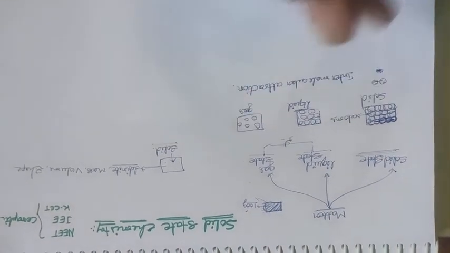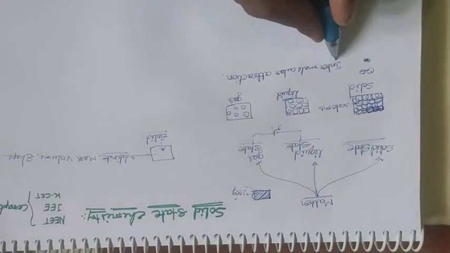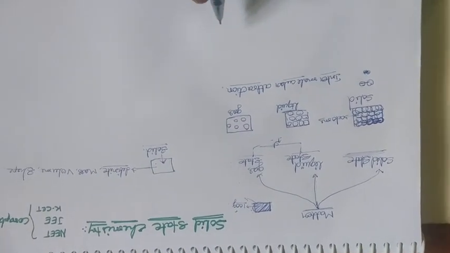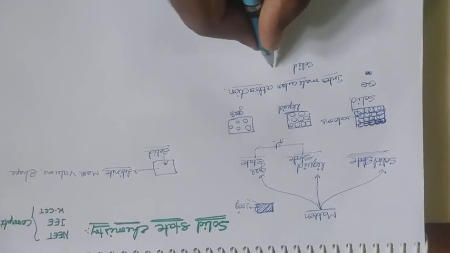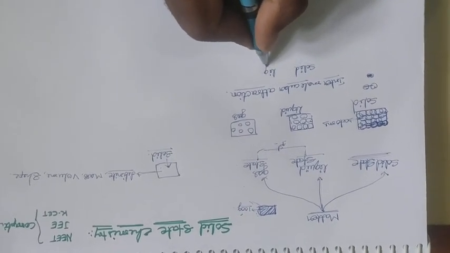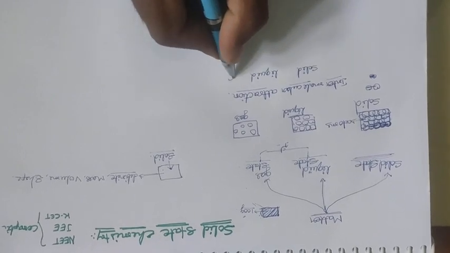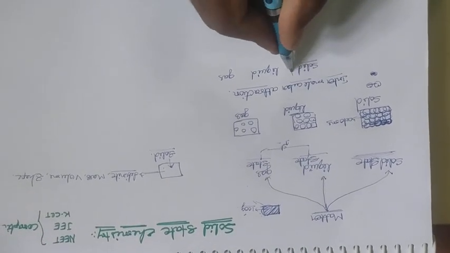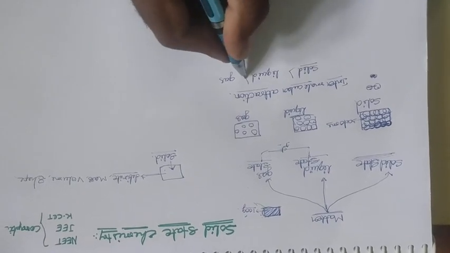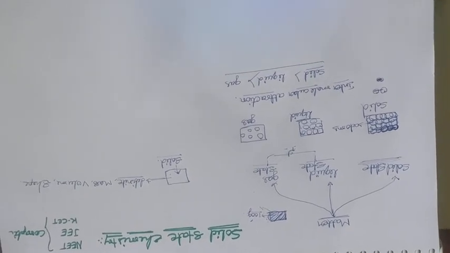This question is very important. This concept is very good. For solids, arrange the increasing order of intermolecular force of attraction between the different states of matter. Solids have more intermolecular force of attraction than liquids, than gas.